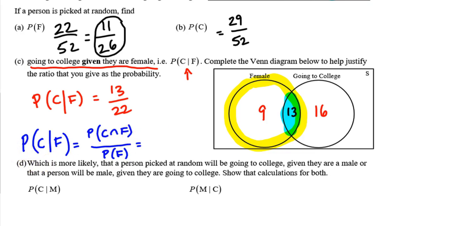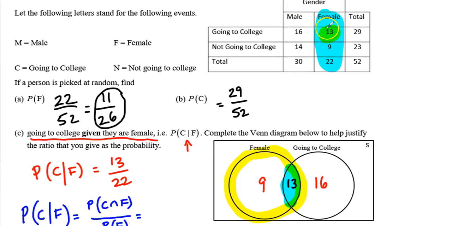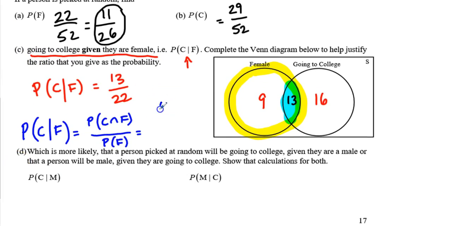Well, that's the 13 out of 52. And the probability of being female only is a big old complex fraction here. Probability of female only is 22 out of 52. And the way we simplify this complex fraction is we get rid of these denominators of 52.